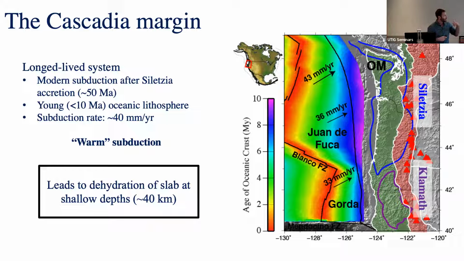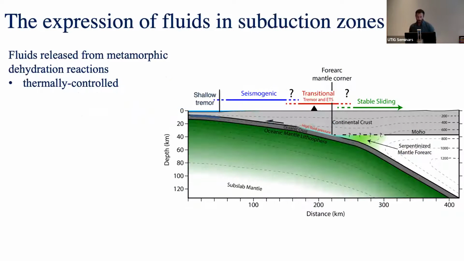And when you're releasing water at these depths, this can significantly affect the seismogenic properties of the plate interface itself. I want to stress that these are fluids being released from these metamorphic dehydration reactions. These are not fluids being released from things like the closure of pore space in sedimentary rocks. We think that happens mainly at shallower depths, shallower than about 10 kilometers.